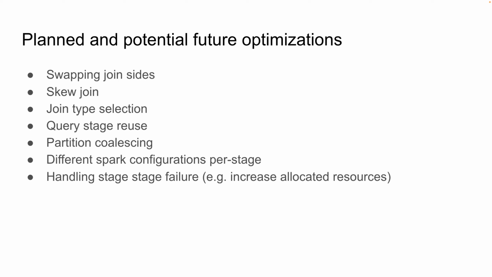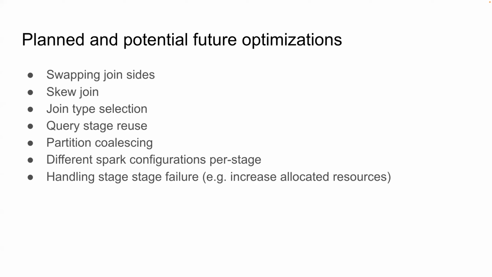Other optimizations, some of these are not necessarily optimizations, but once you're submitting the query in stages, there are other kinds of decisions that you might want to change in addition to how the plan itself.